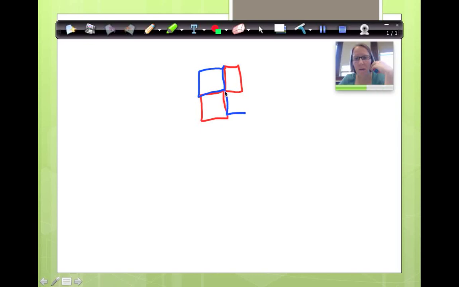Blue here, and a blue here. All right, so now what is my unit fraction? It is 1/4 because it's cut into 4 pieces. What would be the blue parts of this fraction? Well, how many 4s are blue? 2 are, right?